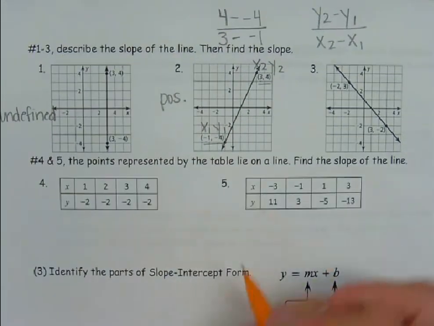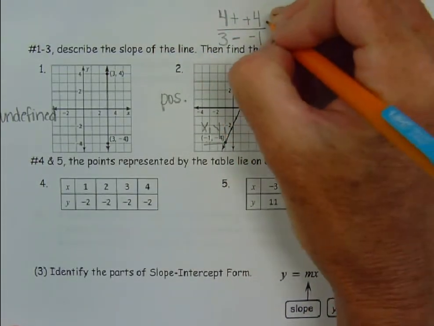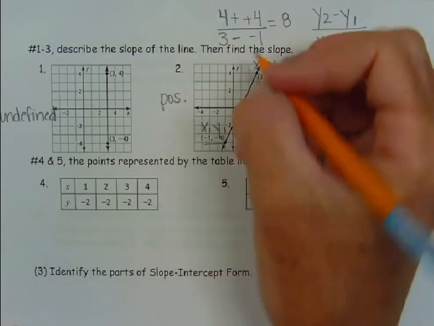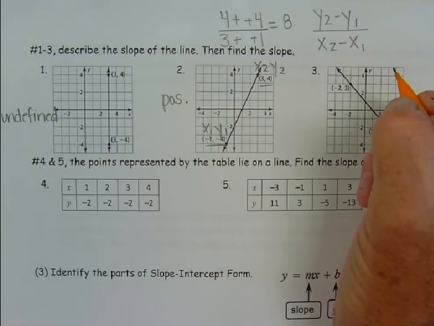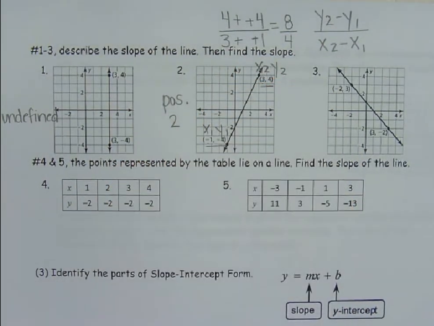Because the two negatives right here are right next to each other, you zip-zap those, and 4 plus 4 is 8. Same thing here, because they are right next to each other here, you zip-zap those. 3 plus 1 is 4. 8 divided by 4 is 2, so this has a slope of 2.